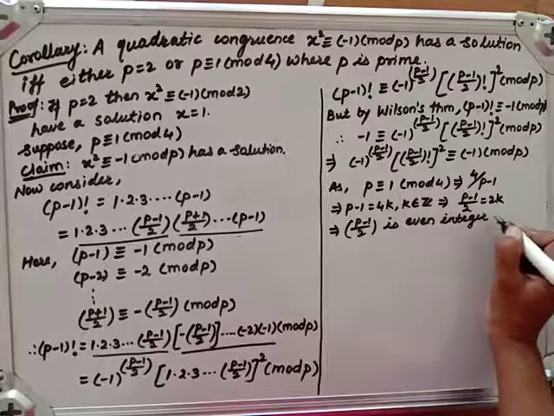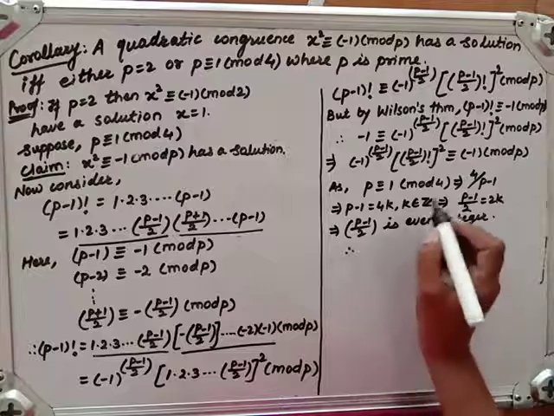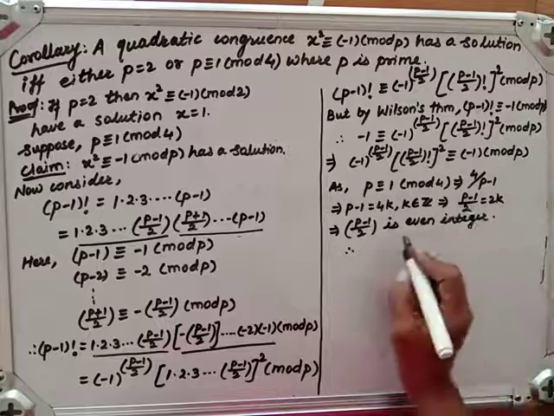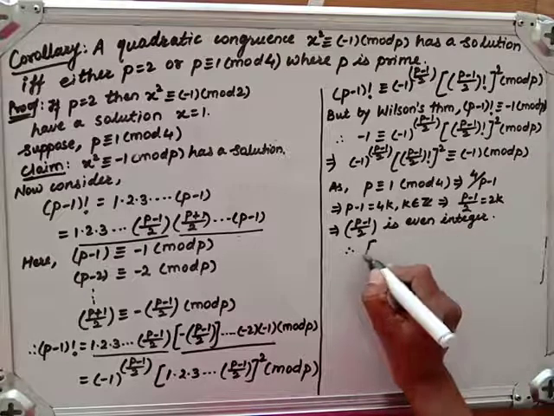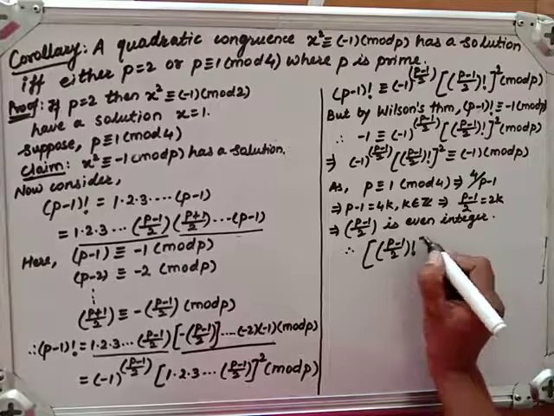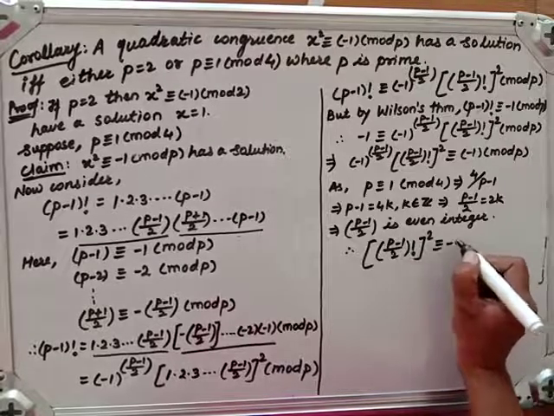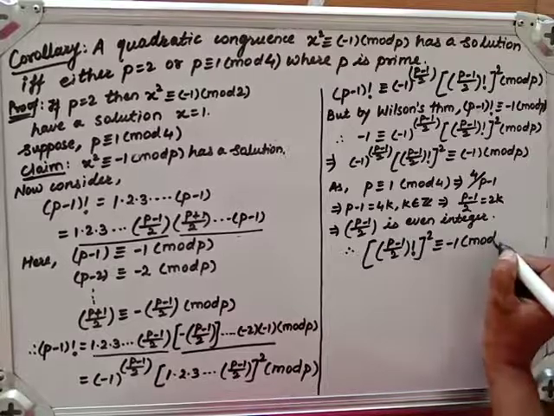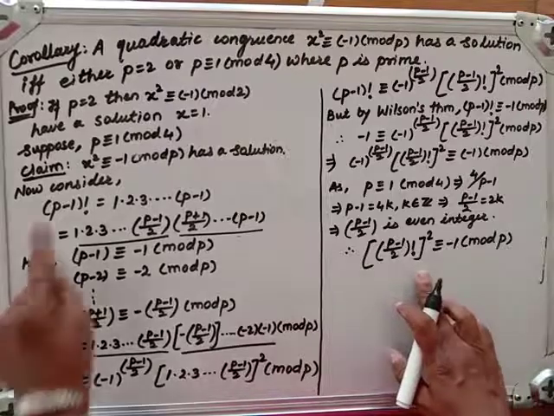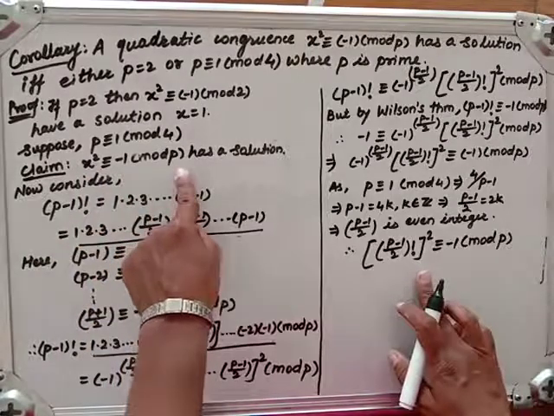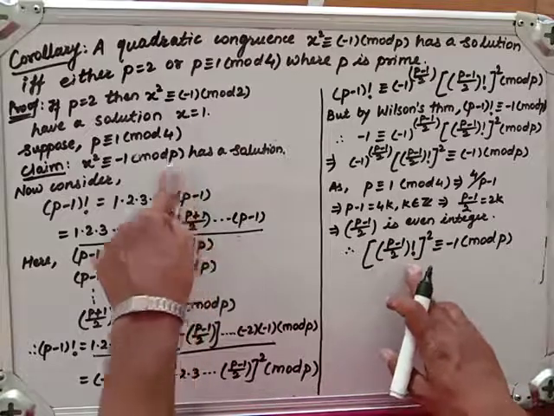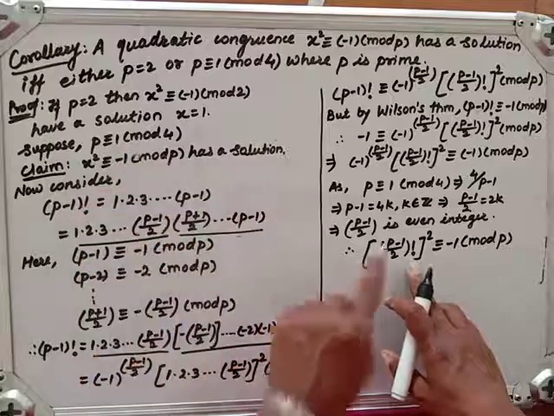Okay. Therefore, what do we get? Here this will become 1, so this part is congruent to minus 1 modulo p. So we get ((p minus 1) by 2) factorial squared congruent to minus 1 modulo p. What does this show? This shows that x squared congruent to minus 1 modulo p has a solution, and that solution is nothing but ((p minus 1) by 2) factorial when p is congruent to 1 modulo 4.